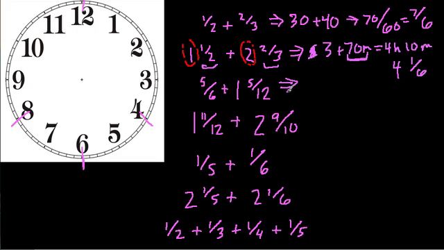The next one, 5/6. Well, 1/6 is 10 minutes, so 5/6 is 50 minutes, plus 1 hour and 5/12. Well, 5/12, you can see, is 25 minutes. So it's 50 minutes plus 1 hour and 25 minutes. Here we have 25 minutes and 50 minutes.